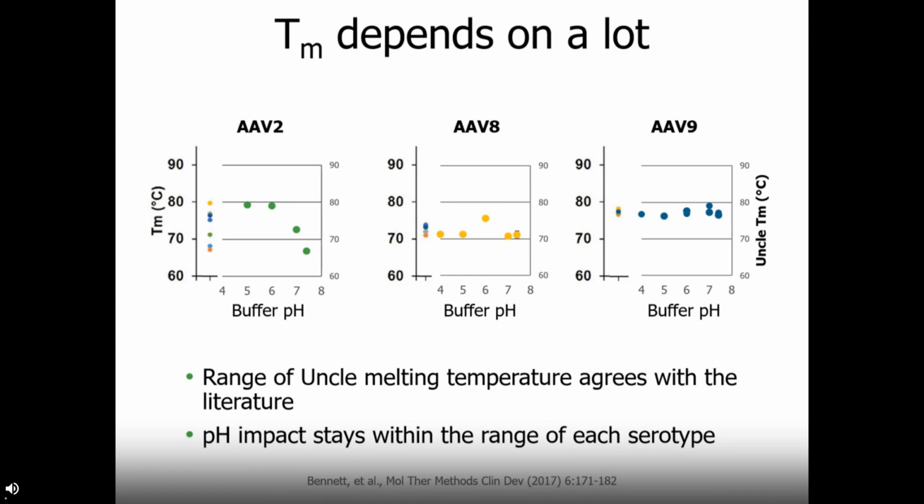So this can be one way to start to understand how your AAV might behave once it gets inside of cells and it's inside of a late endosome. Do those proteins start to change their stability behavior? And likewise, you can use it to optimize the buffer they're being stored in to make sure that they're going to hold on to their capsid protein stability as long as possible.